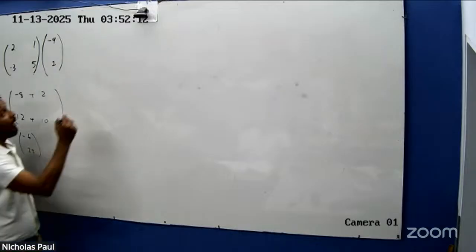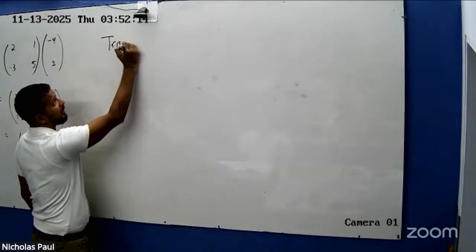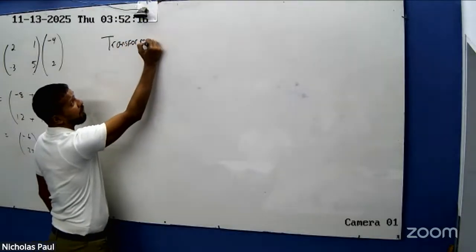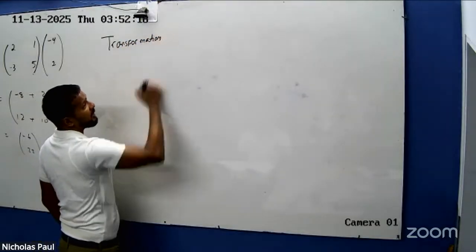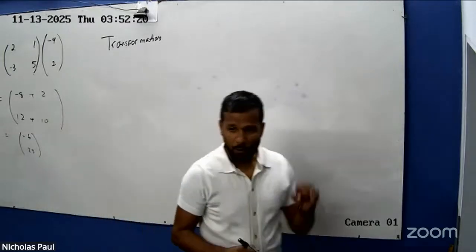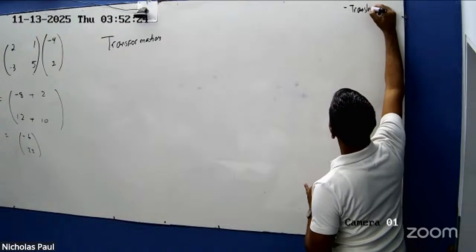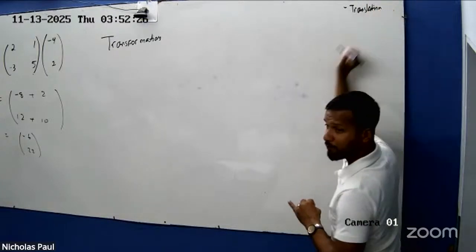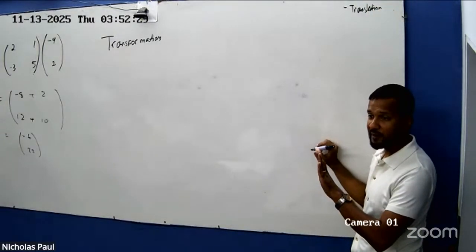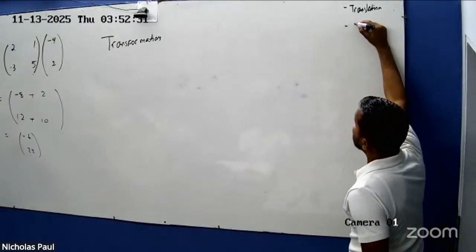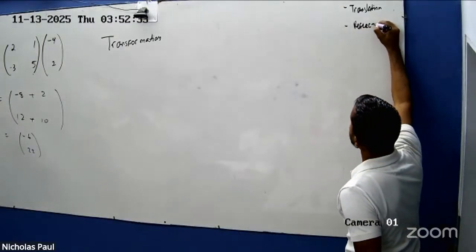Okay? Let's take a look at transformations. Anybody remember all the different types of transformations? First one is a translation. What's a translation? A slide, right? And next is a reflection.